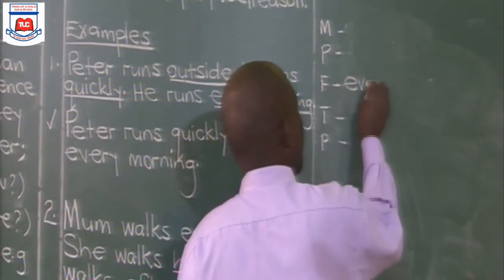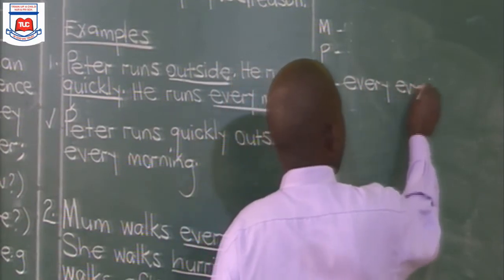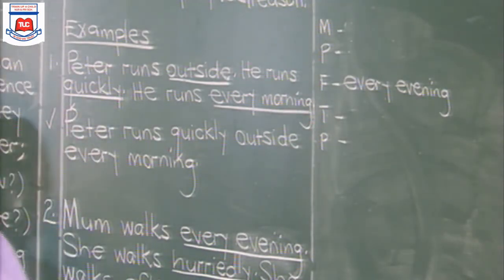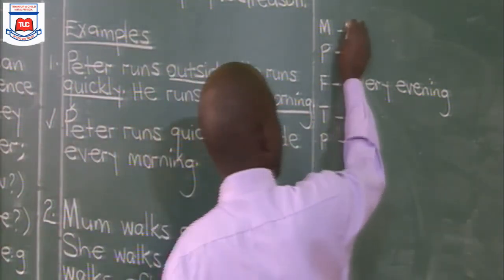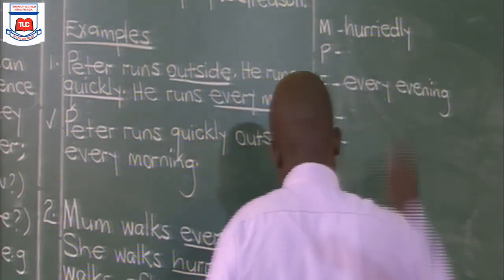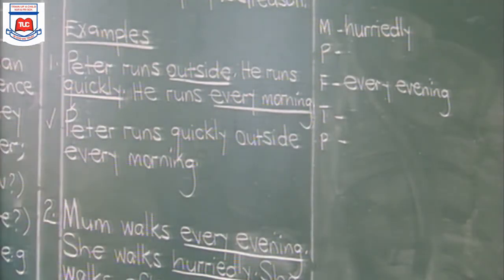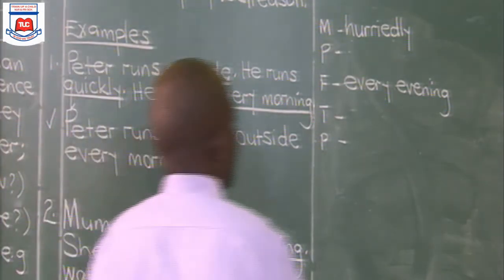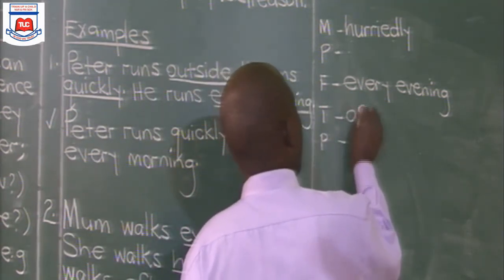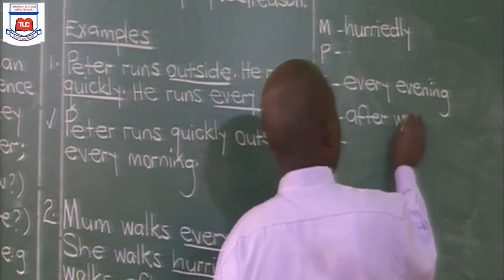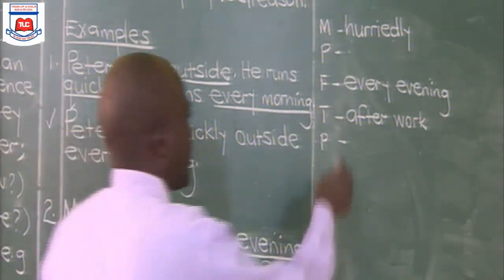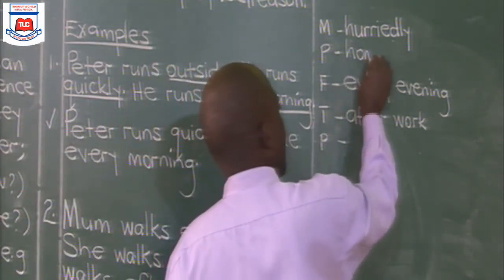So you put it here. Then we have hurriedly. How does she walk? That is manner. Then after work. That one is the time. Then we have home. That is place. We put it here.